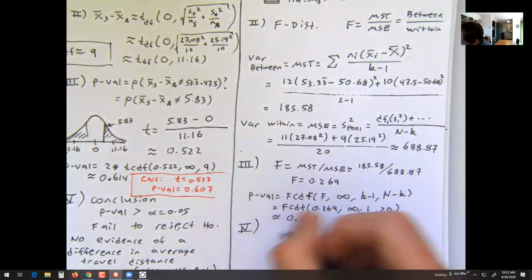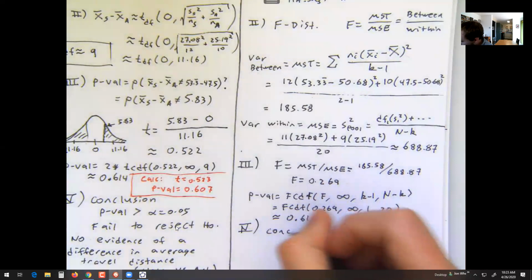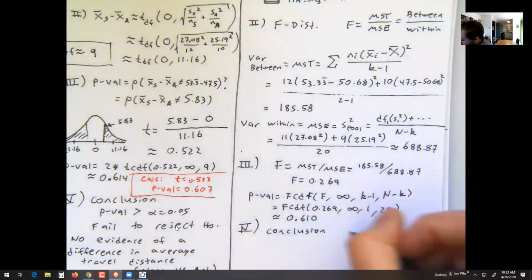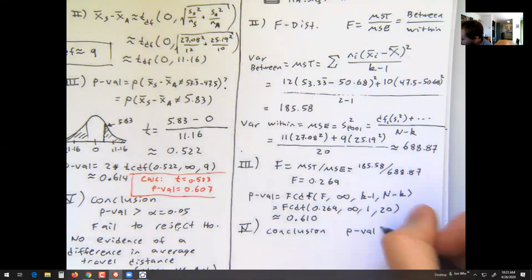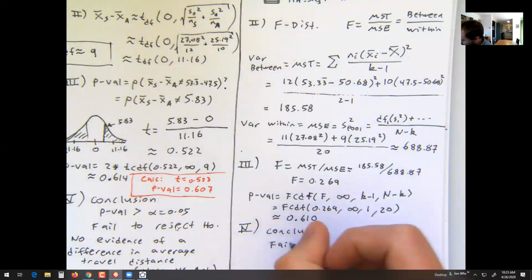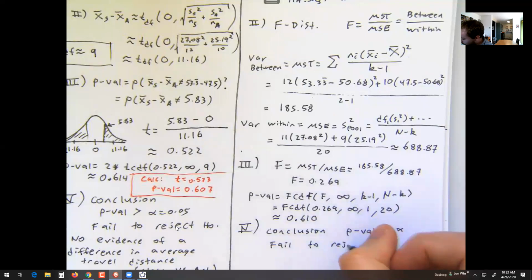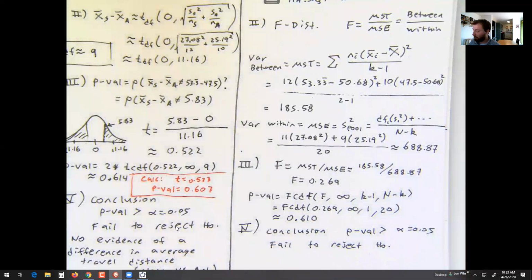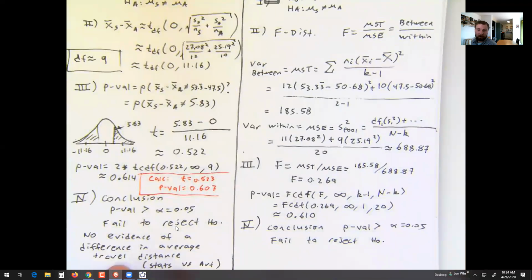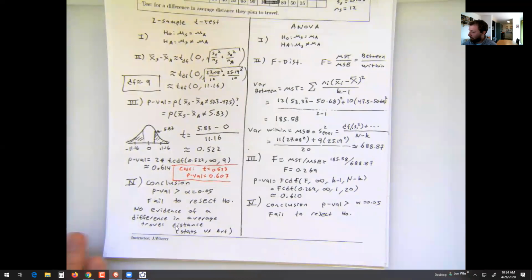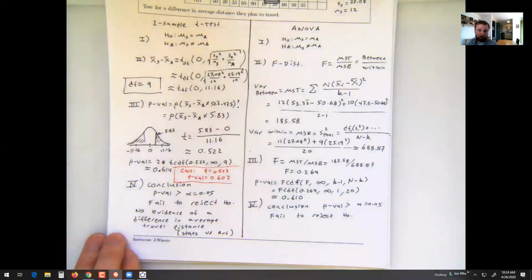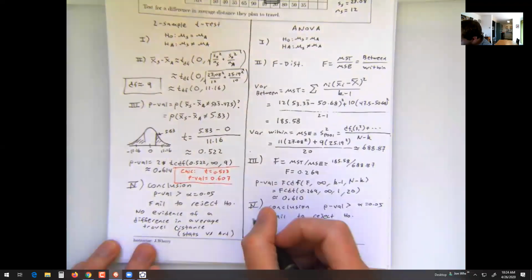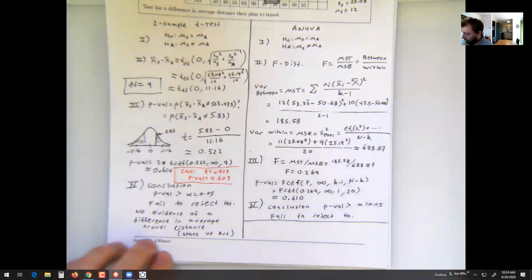If my p-value is large compared to an alpha, I would fail to reject the null hypothesis. Now, what I'd like to do is just compare these two things side by side. I have them as two columns here, once with this ANOVA test and once with this TwoSample Ttest. And I just want to show you some of the commonalities between them.